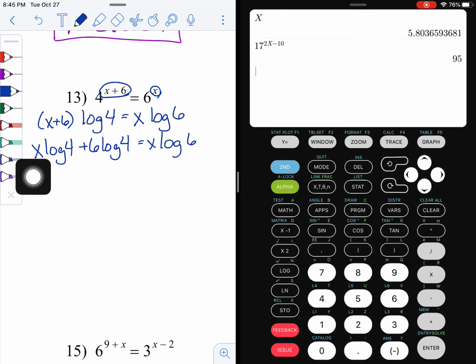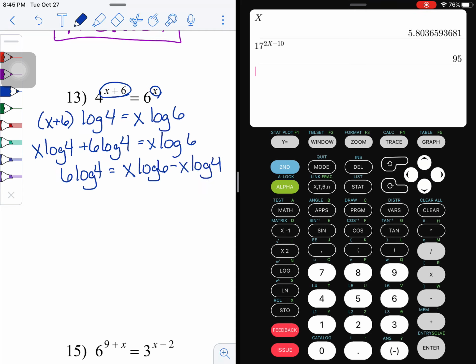So I see that I have an x here and I have an x here. So I'm going to take this x term, this x log 4, and subtract it to the other side. So that puts the constant, 6 log 4 is a constant, there's no variable, alone on the left. So x log 6 minus x log 4.